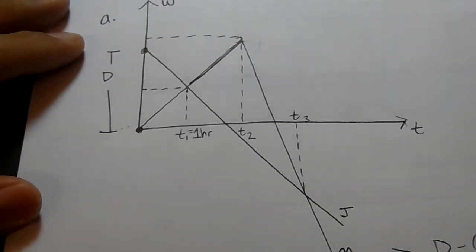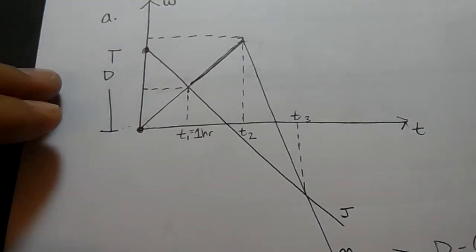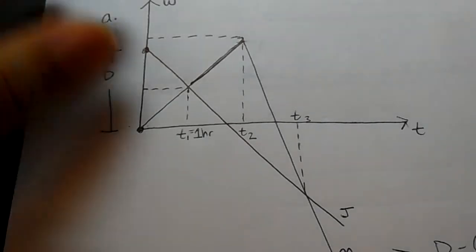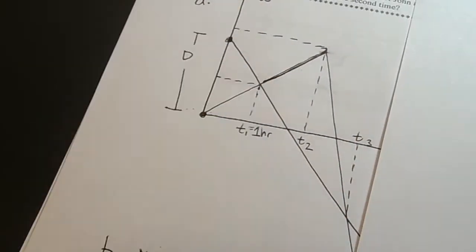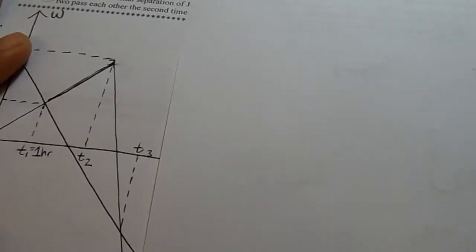So let me grab another sheet of paper. I'll do it here. I'm going to try and keep my drawing in frame so that we can use that as we calculate.